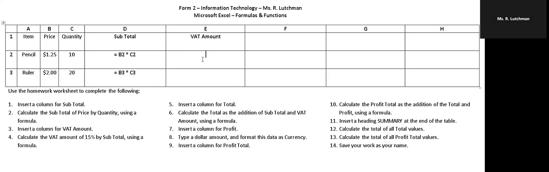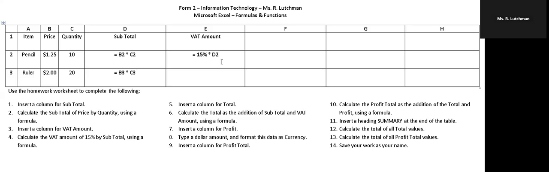So first of all, answer is going in E2, equal sign, 15%. So 15% multiply, asterisk, right, by subtotal. Subtotal here exists here in D2. So I'm going to type my cell address D2.